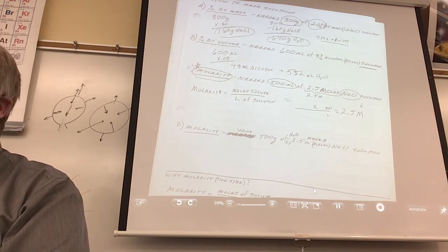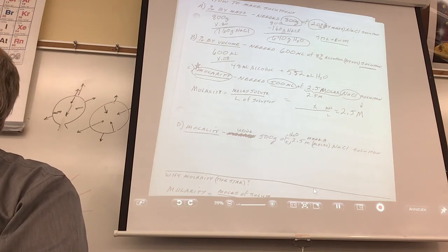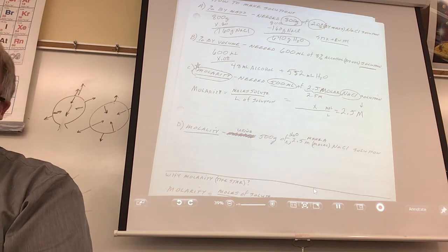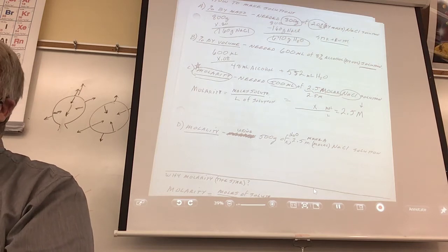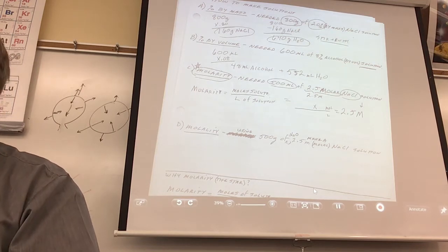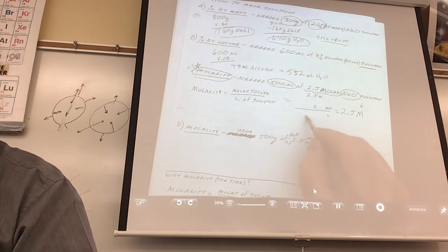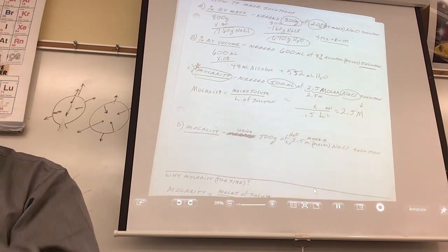I had this in the first semester. What's milli? Milli's 1,000th, isn't it? It takes 1,000 milliliters to be a liter, doesn't it? This is half of it, and I have 500. Oh, you mean if I take the decimal and move it 3 places, I can do this. All right, so there, I got that number.